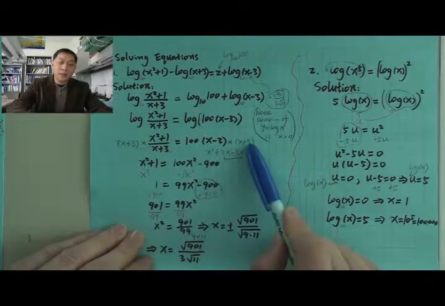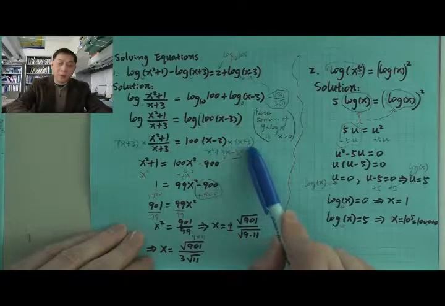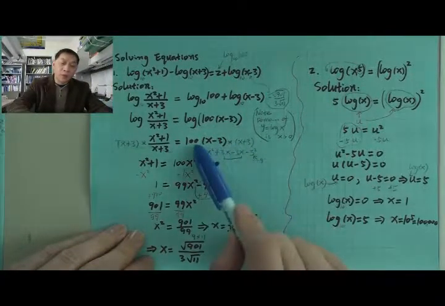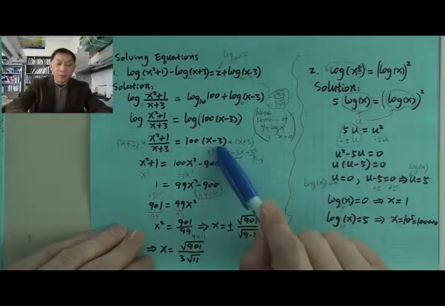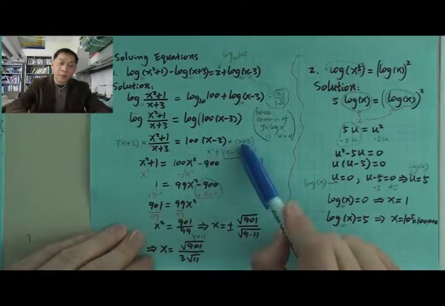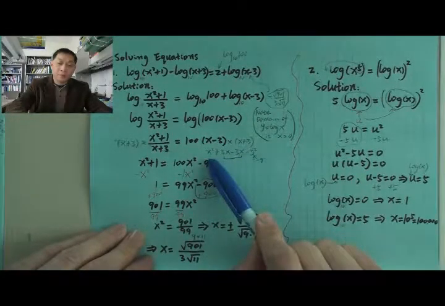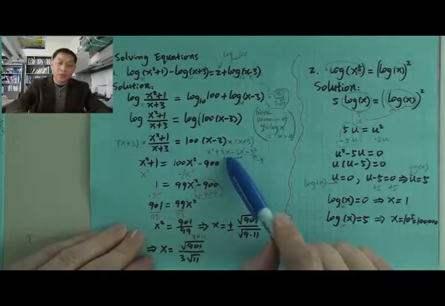The right-hand side is x minus 3 times x plus 3, with a 100 in front of it. You can FOIL x minus 3 times x plus 3. x times x is x squared. 3 times x is 3x.